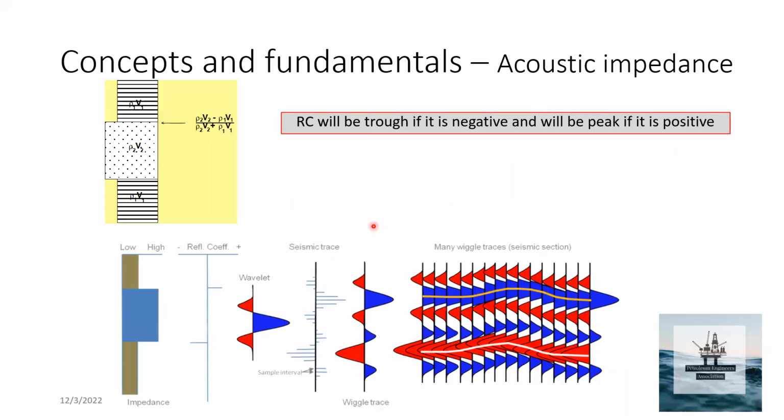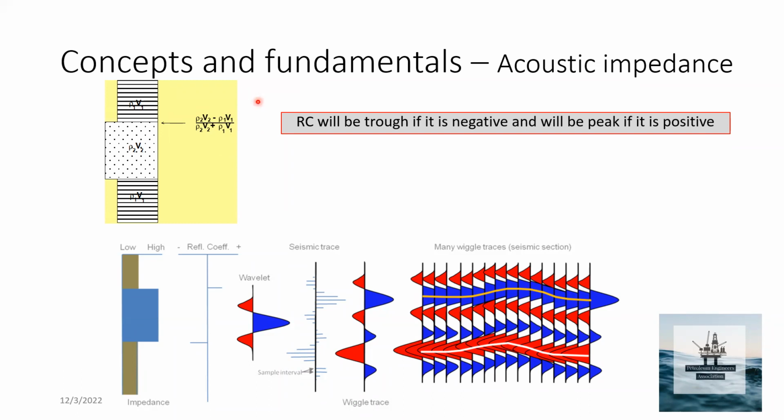For more clarification, if we have here three layers, the first and third layers have the same ρ1V1, the same acoustic impedance. So we now need to calculate the reflection coefficient according to the equation. If ρ2V2 is less than ρ1V1, we will have a negative RC.